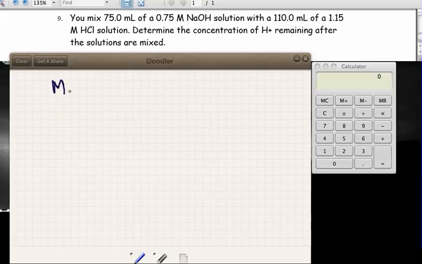The molarity of H+, times the volume of H+, this gives us our moles of our acid, minus the moles of OH, the molarity of OH minus times the volume of OH minus, is equal to, we'll call the molarity total times the volume total.